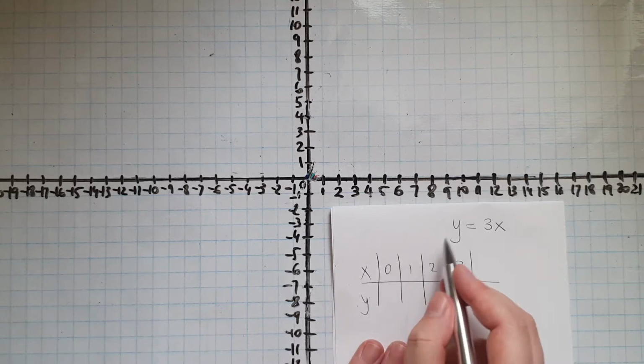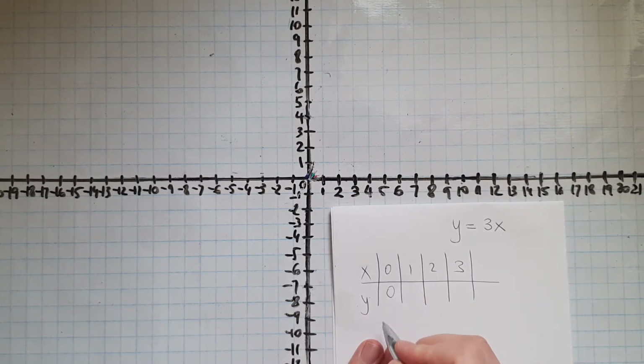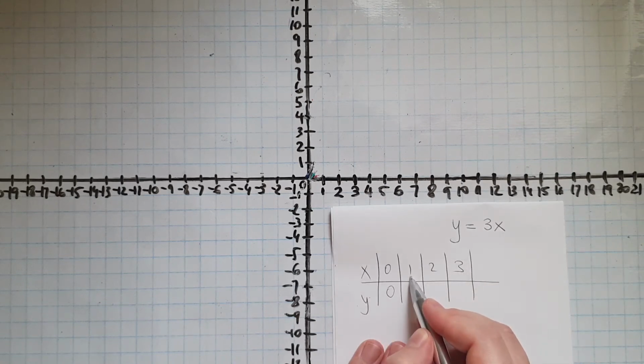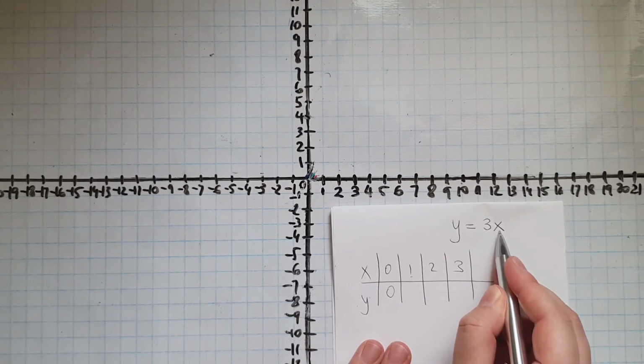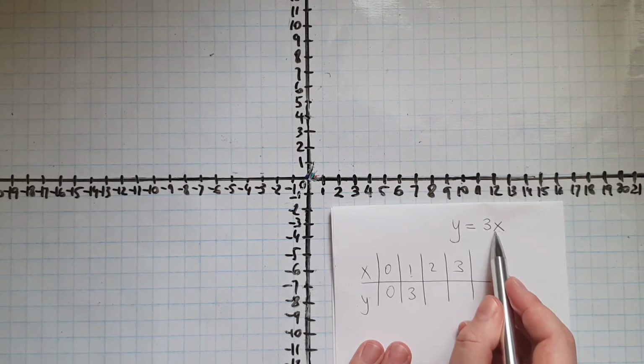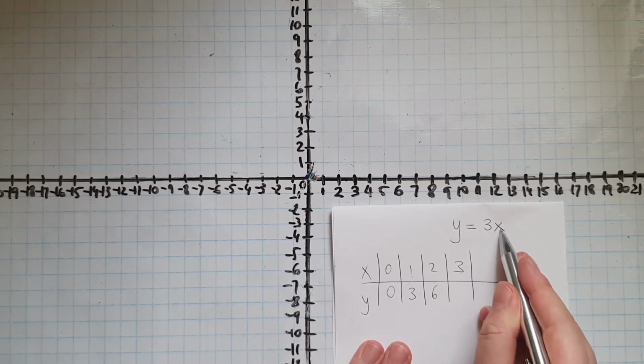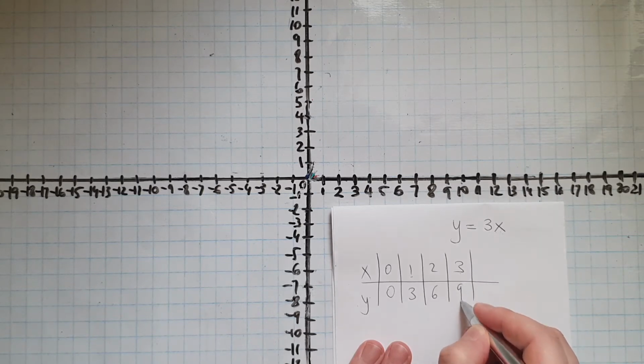So when x is 0, y is 3 times 0 equals 0. When x is 1, 3 times 1 gives us 3. When x is 2, 3 times 2 gives us 6. When x is 3, 3 times 3 gives us 9.